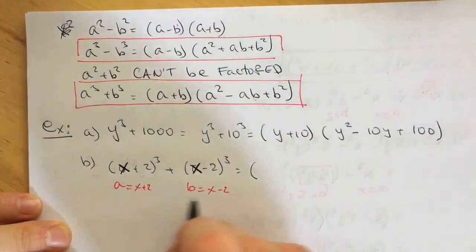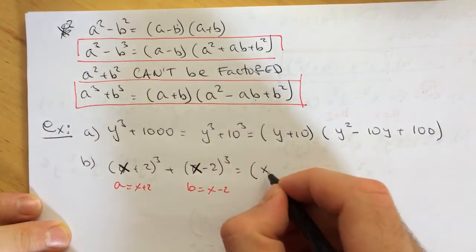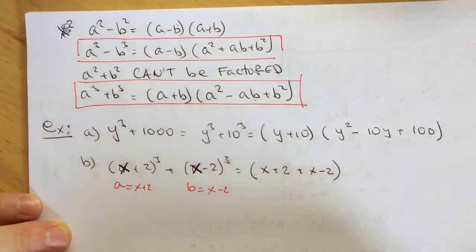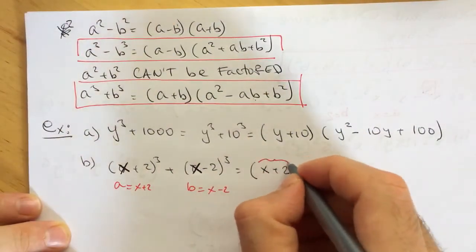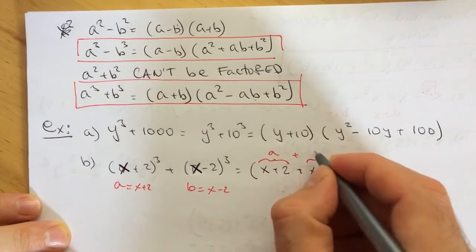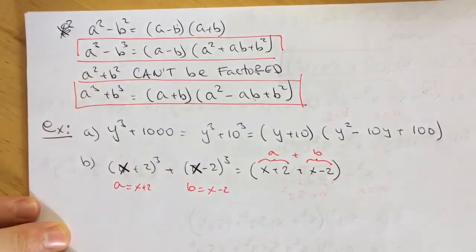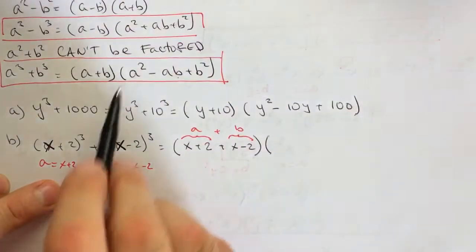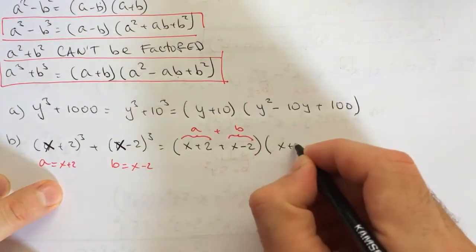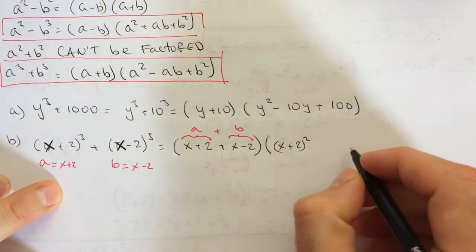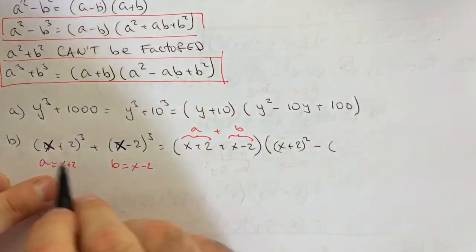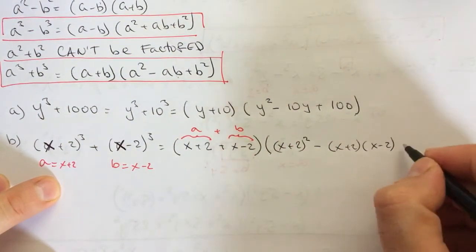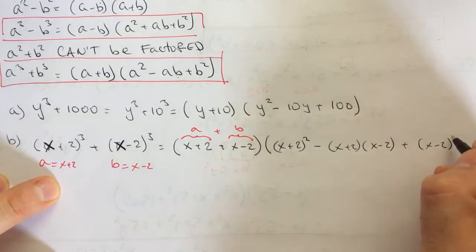So let's see how this is going to play out. That's equal to a plus b by this formula. So that's x plus 2 plus x minus 2, right? In other words, this is your a plus b from the formula, times a squared, that's x plus 2 squared, minus a times b, x plus 2 times x minus 2, plus x minus 2 squared.